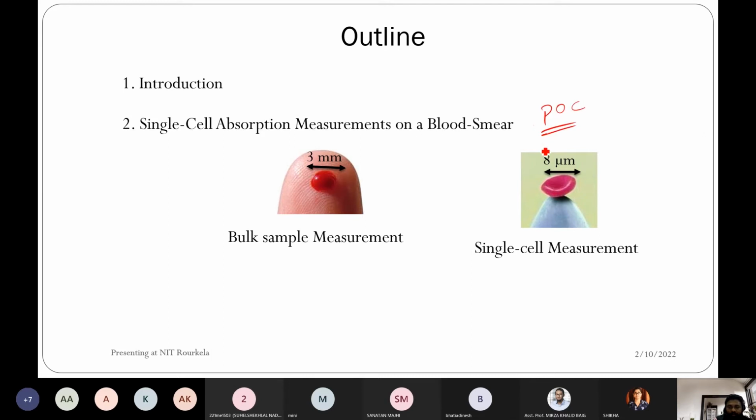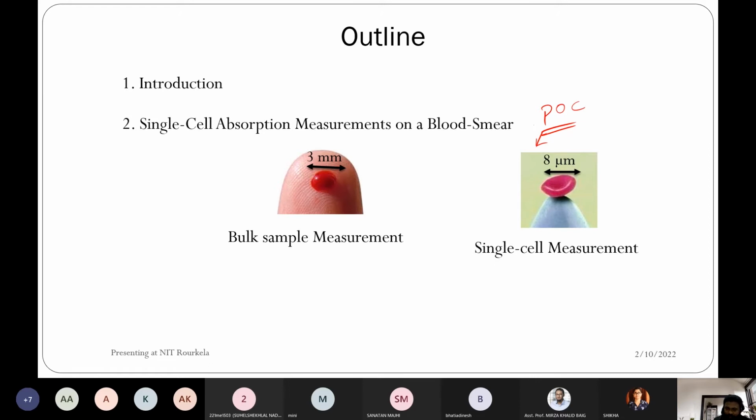Generally we see the absorption spectrum of any sample, and if you do single cell absorption, how will it change? For example, one drop of blood sample consists of a few microliters of blood, right?